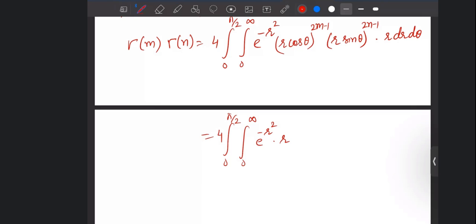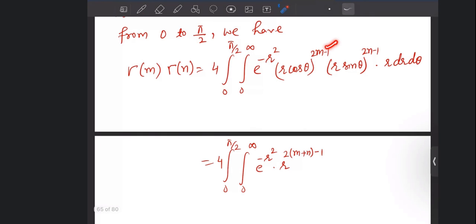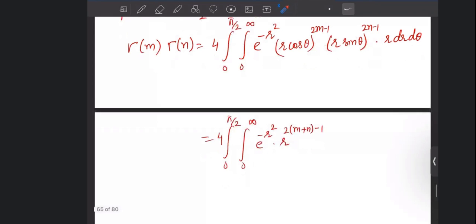Combine the similar powers of r, that is r raised to the power 2m plus 2n, and minus 2 from the two factors, but we have one more power of plus 1, that cancels with one minus 1, and only minus 1 remains. The power of r is 2(m plus n) minus 1, into cos raised to the power 2m minus 1 theta into sine raised to the power 2n minus 1 theta into dr d theta.